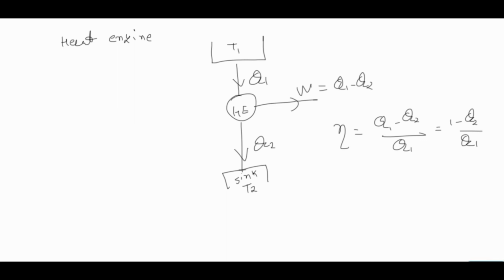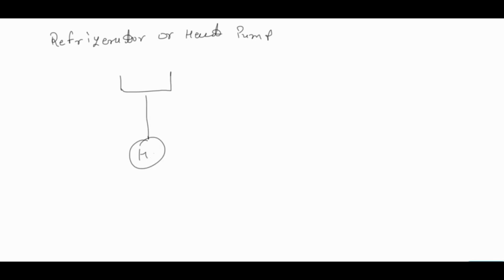Then the next thing we have is refrigerator or heat pump. This is also an important thing. Same working, opposite to the heat engine. Say this is a heat pump. So what we are doing, we are giving some work done here. We are transferring the heat from Q2 to Q1.